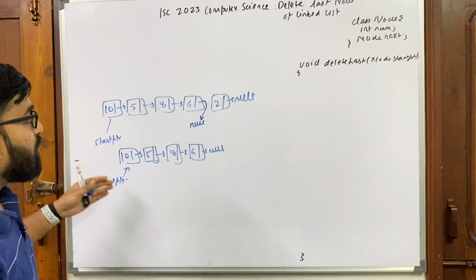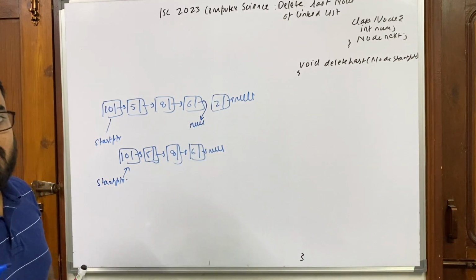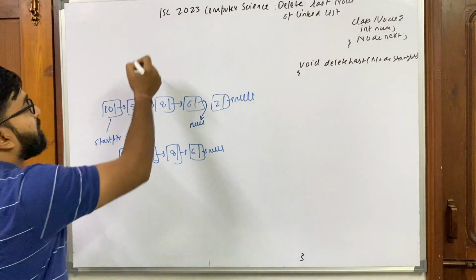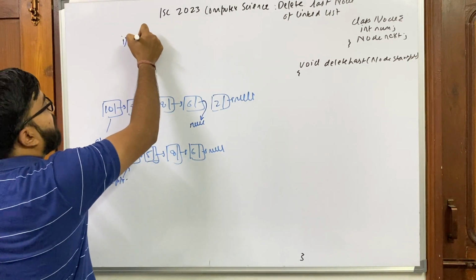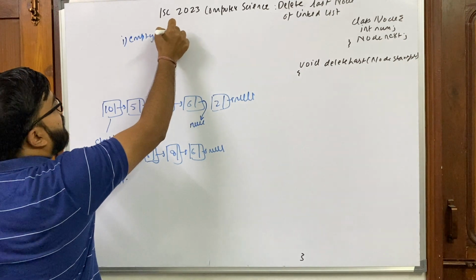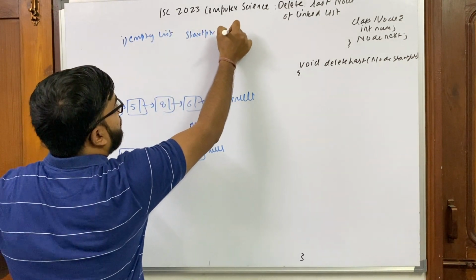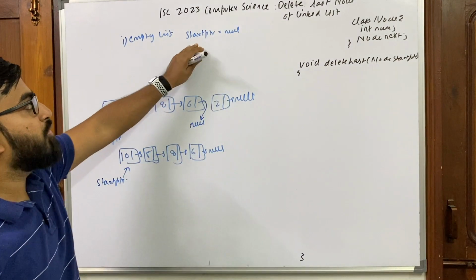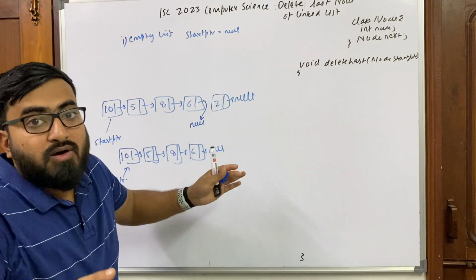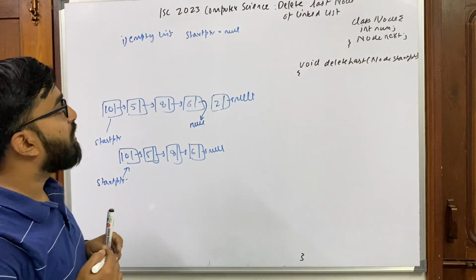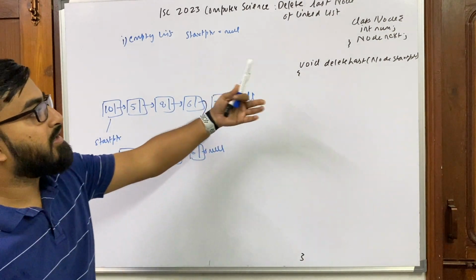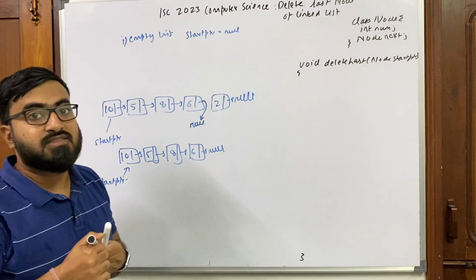Before we move on to actually removing the last node, I'll handle the border cases first. My first border case is an empty list, that is my start pointer is basically null. It is not pointing to any node. In that case, I cannot delete anything because this list is empty, so I simply return from the function. There is nothing I have to process.